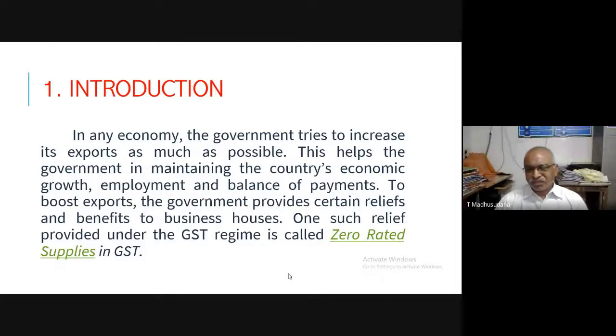Okay, so to boost exports, the government provides certain reliefs and benefits to the business houses. Therefore, to boost exports in the country, every government will provide certain reliefs, concessions and advantages to business so that they export their goods.